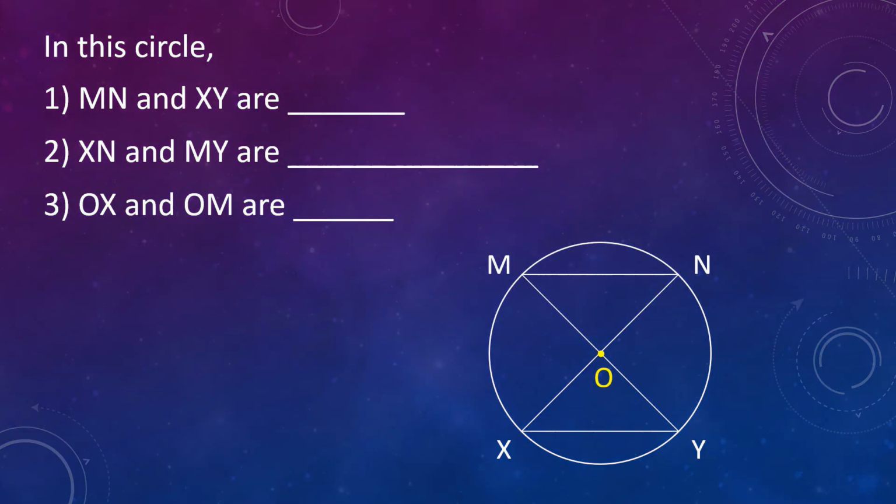Let us solve one more question. In this circle, number 1, MN and XY are dashed and the answer is chords, because a chord is a line segment whose endpoints lie on the circle. Number 2, XN and MY are dashed and the answer is diameter or chord, because diameter is a line segment whose endpoints lie on the circle and which passes through the center of the circle.